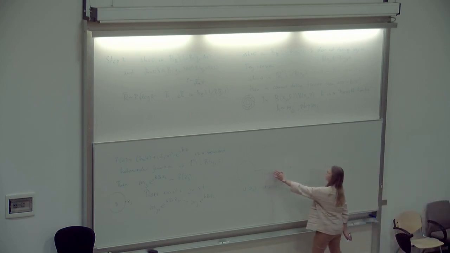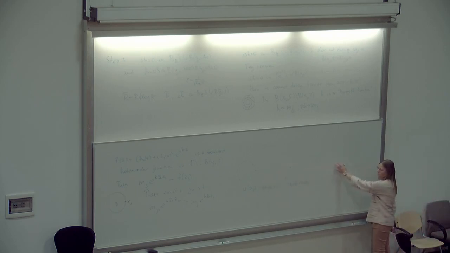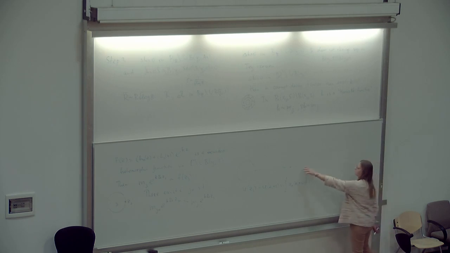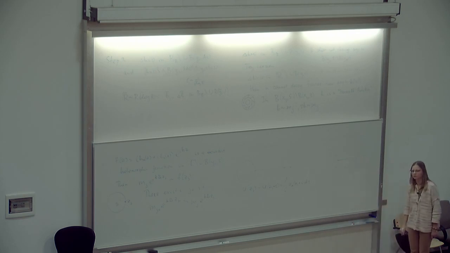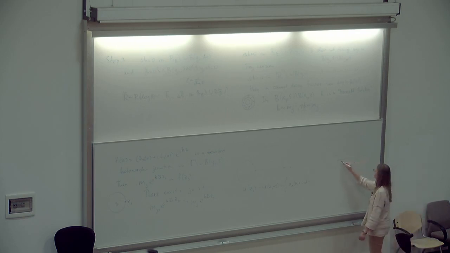Either you go far away and you don't see any other balls, so you can continue as long as you wish, or you start here and then you see another ball at some point. Here you have two values of your function u. One is approximately m_j0, another is approximately m_j for another j.